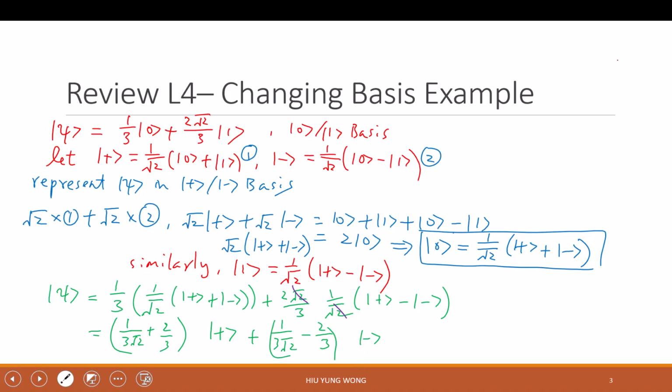Is that okay? So let me quickly ask you, what is the probability of measuring 0 for this state? 1/9, 1/3 squared. Now, if I try to measure in the plus minus basis, what is the probability of getting plus? You don't need to calculate, just tell me the square of this term.